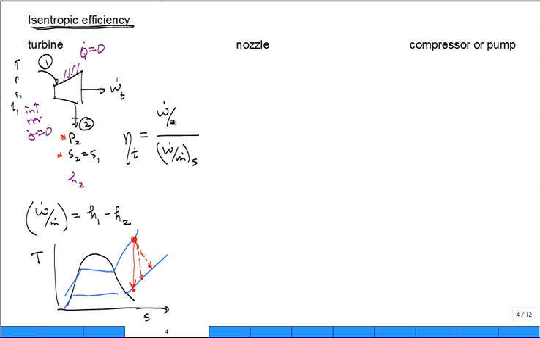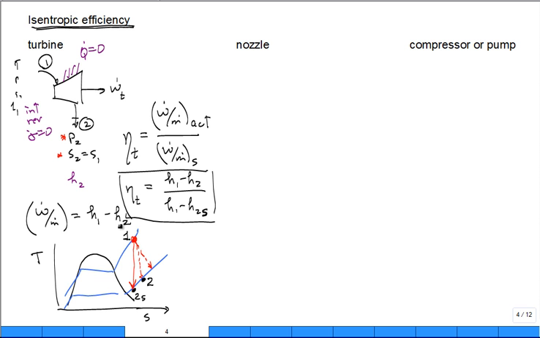So our isentropic efficiency comes out to be h1 minus h2 actual, divided by h1 minus h2 isentropic expansion. Put a 2s saying I'm going from state 1 to state 2s, and a lot of times I'll call the other one 2 actual or just say state 2. And so there is your definition of isentropic efficiency for a turbine.